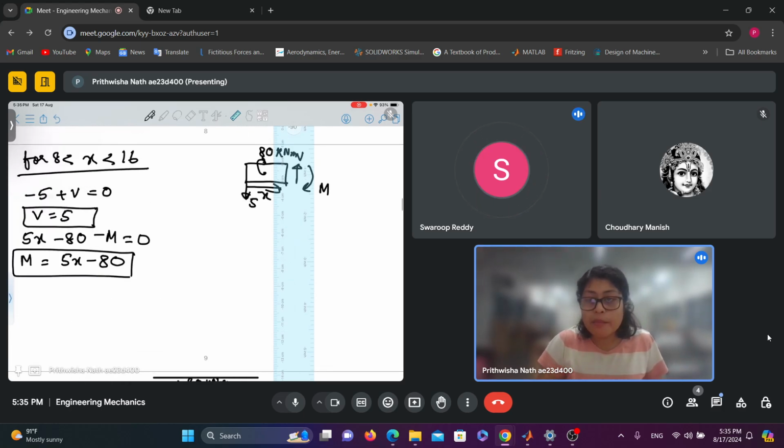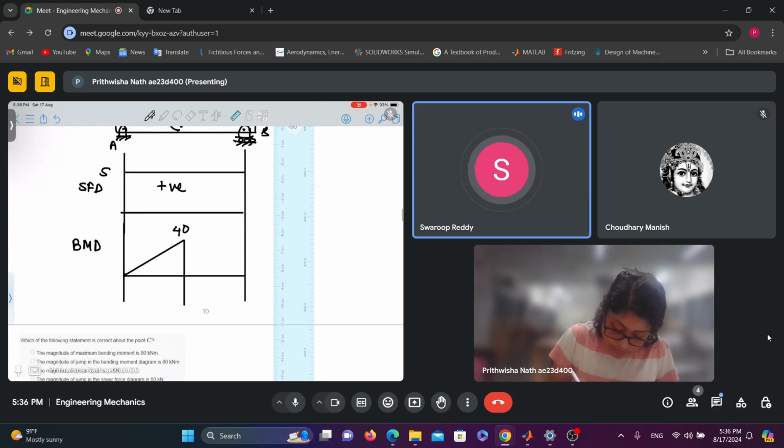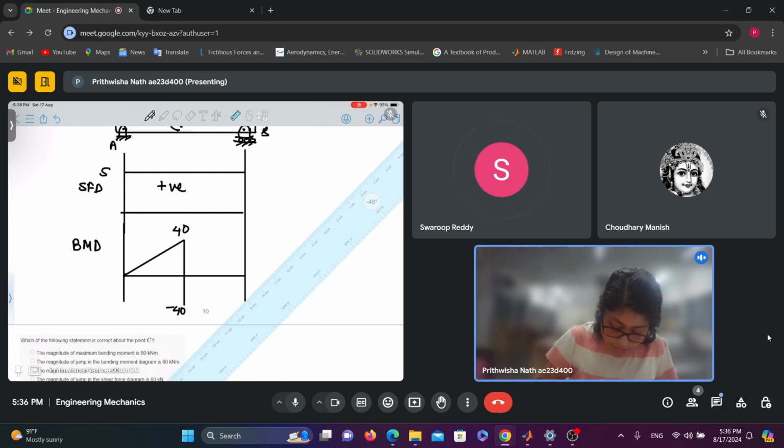Now, from the second equation, at x equals 8, what is it? Minus 40, right? At x equals 8, M equals minus 40, right? So this value is minus 40. And again it is following a straight line.